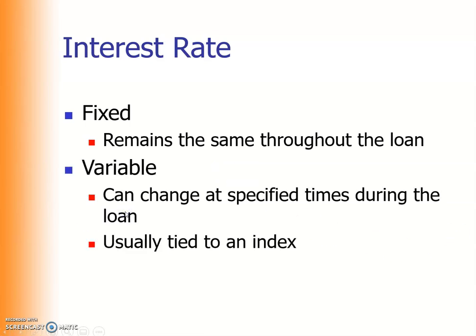The other type of interest rate is the variable interest rate. It is an interest rate that varies at specified times during the life of the loan, and it is tied to some financial index or measure, with the most common index being the prime rate. The prime rate is the base rate for corporate loans based on the lending practices of the banks.